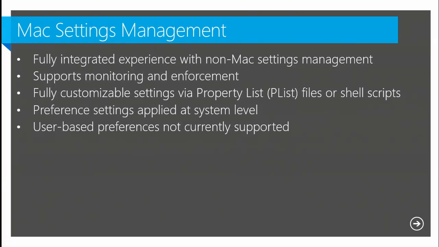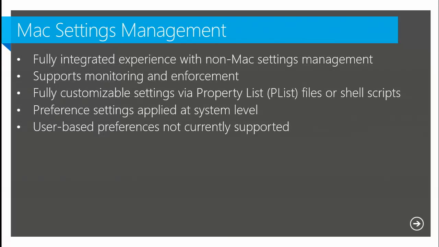So you walk through the same experience, you interact with the same types of objects. So you're going to be working with what we call configuration items. Those are essentially your policy documents that identify what settings you want to monitor and what rules you want to apply on those settings. And for Mac, we have essentially two different options for the types of settings we can look up and configure. Most Mac settings, both for apps as well as for the operating system, are exposed through property list files or plist files.